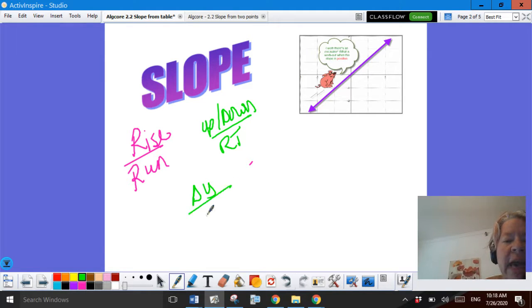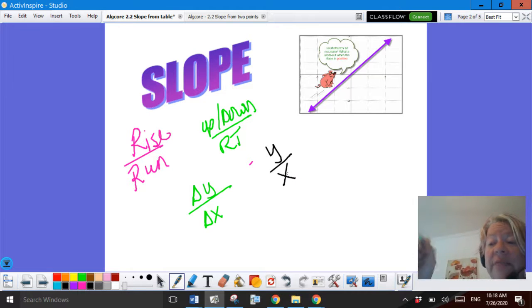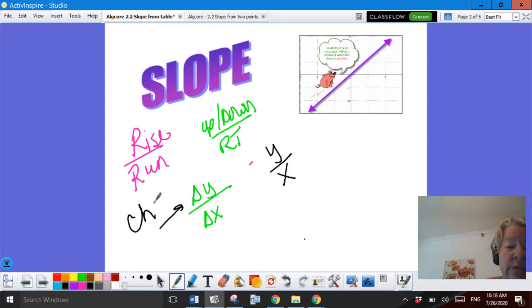And we know that slope is the y over the x. The y is on top. That's my up, down. So we're going to be talking about the change in y over the change in x. That triangle means change.